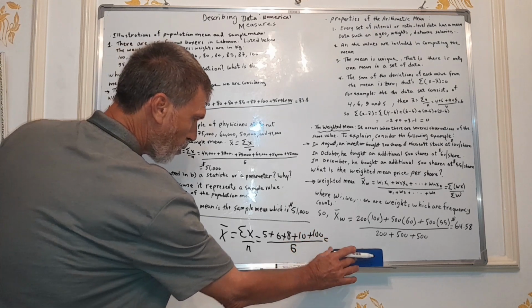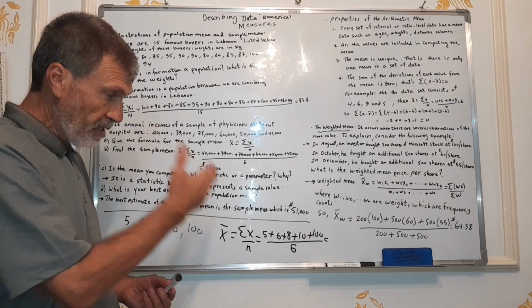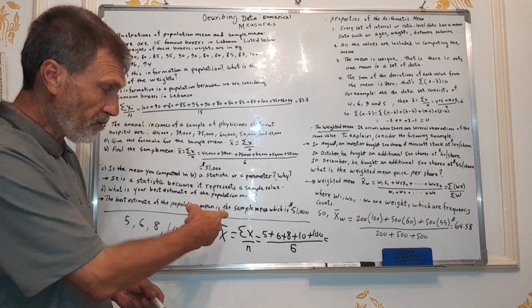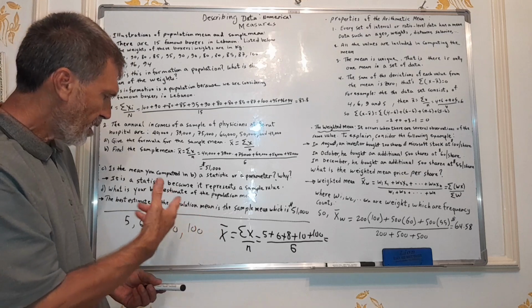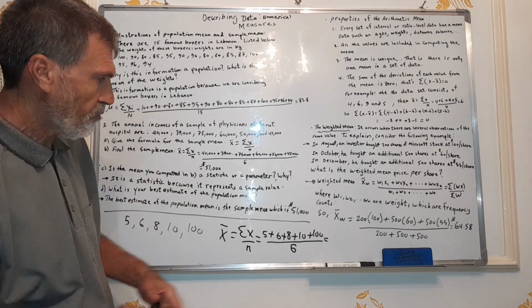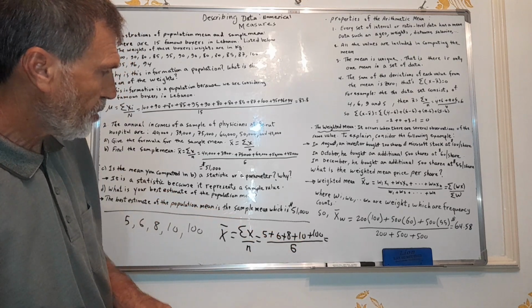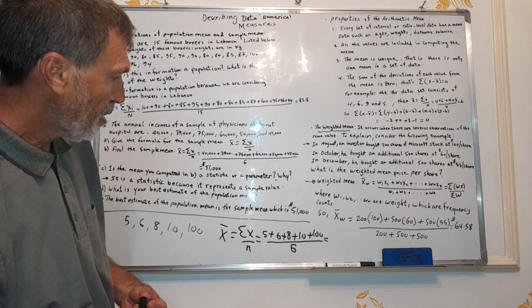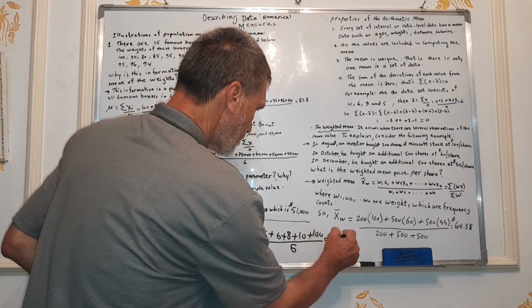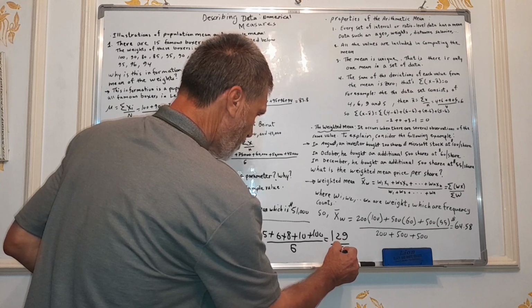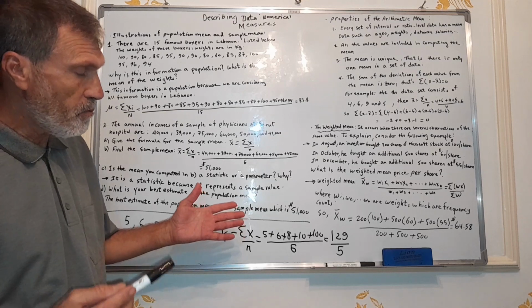The mean of this will give you a value of the average that is not representative of the data at all. If you add these up, you get 129, and 129 over 5 gives you a very large number.